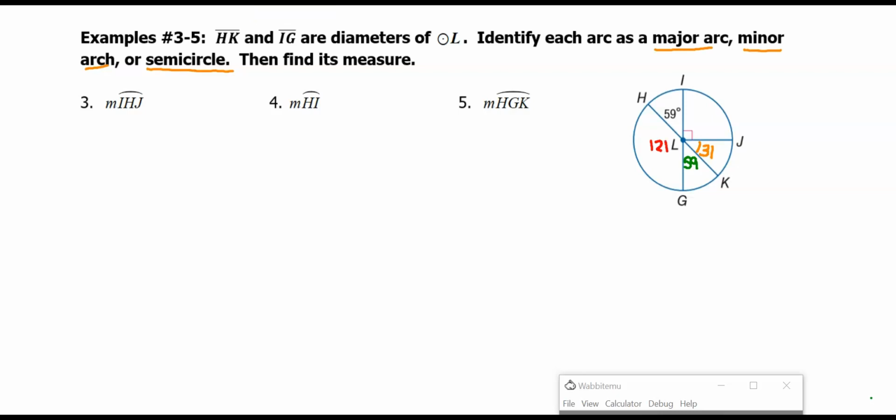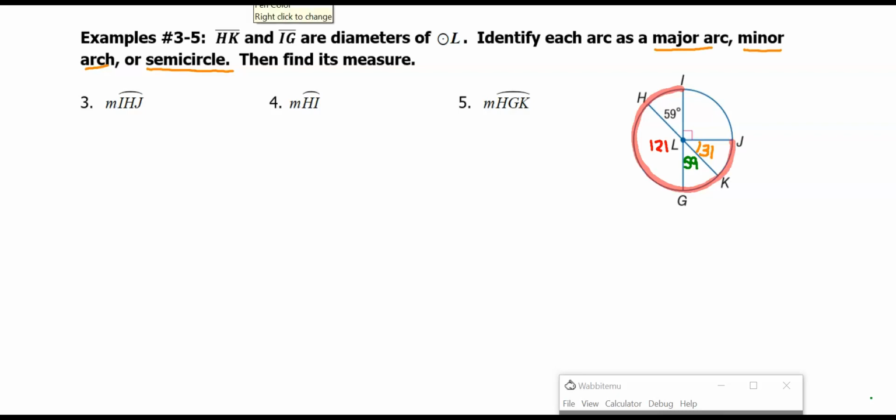Okay, first things first, I'm going to look at I, H, J. It says starting at I, heading towards H, ending up at J. That is definitely going to be a major arc.